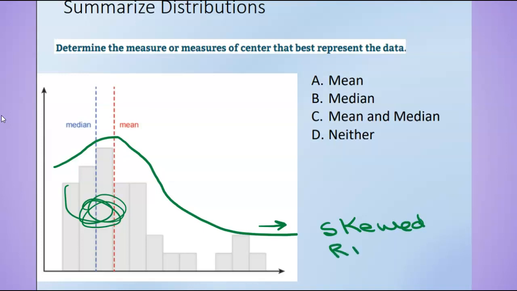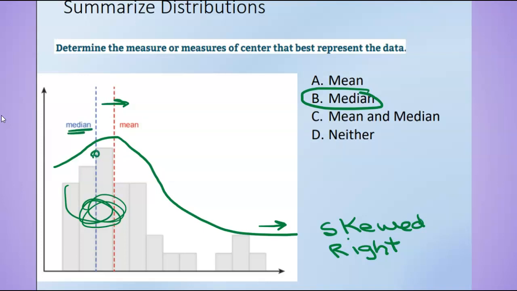And we know from our handout that for all skewed data, the best measure of center is the median, because that's the middle number. Look how the mean is pulled off to the right. The median is the middle value of all the data.